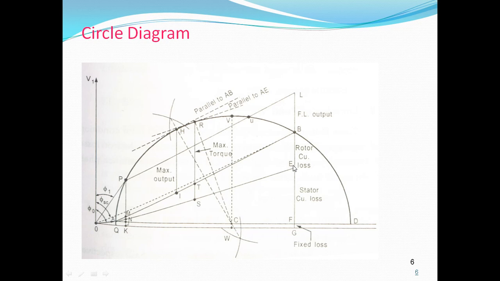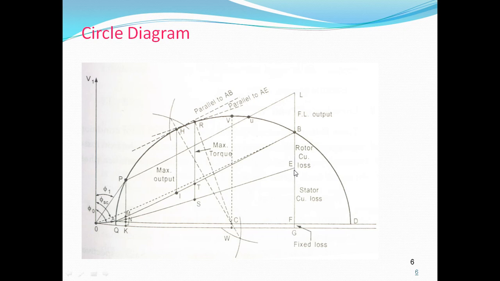Now to draw the torque line: this is the line AE. AE is called the torque line. It is the line which separates the stator copper losses and rotor copper losses.